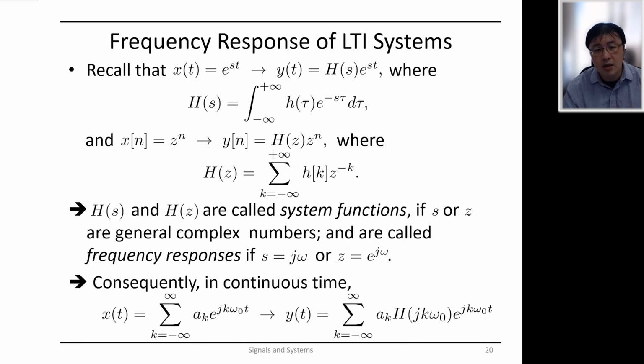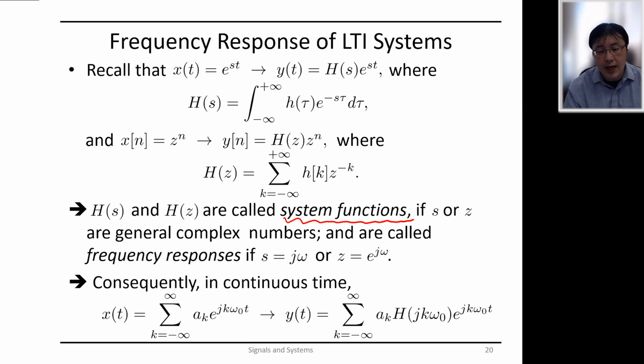This holds in general for any s and any z. If you're looking at general complex values of s and z, then we call h of s and h of z system functions.